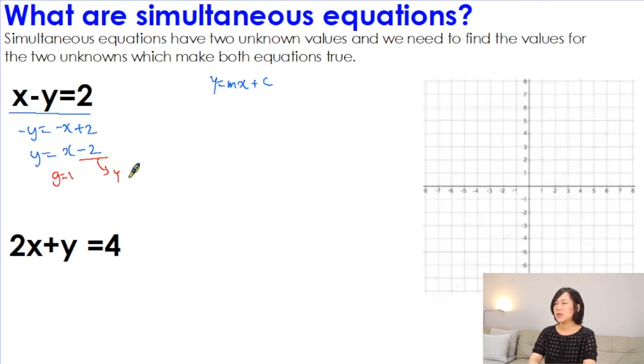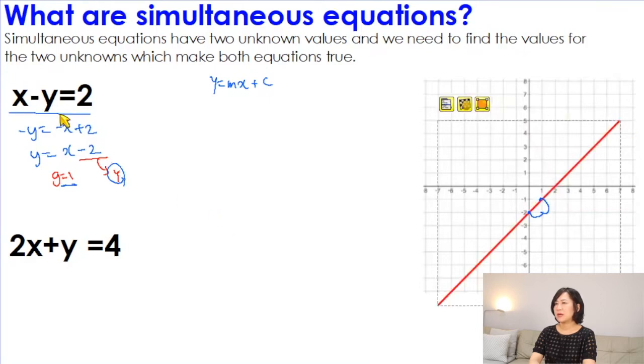So now let's draw our graph. First of all, the y-intercept is minus 2. Let's begin with minus 2. Then the gradient is 1: 1 right, 1 up. Connecting the two points, that is our graph. Now let's have a look at the second equation. Make it into standard form, that is y equals minus 2x plus 4.